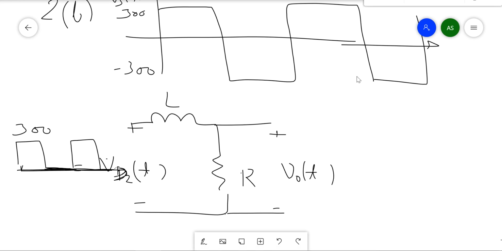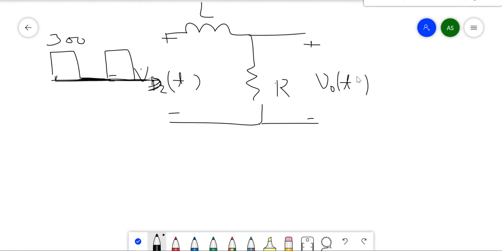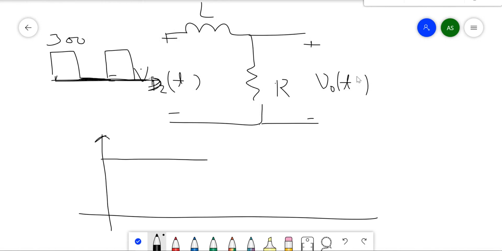so from the analysis of network theory we know how the LR circuit behaves. Suppose 300 volt is a DC voltage applied here. So what will be the response of the LR circuit?